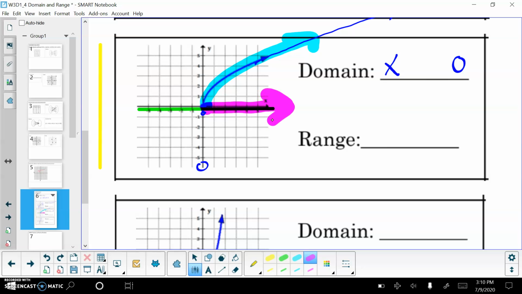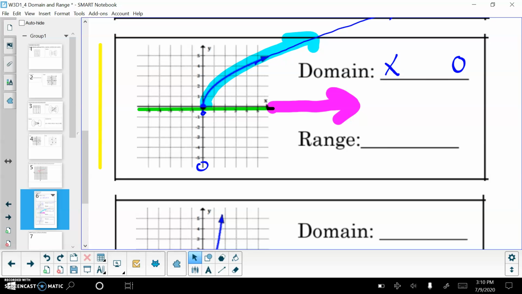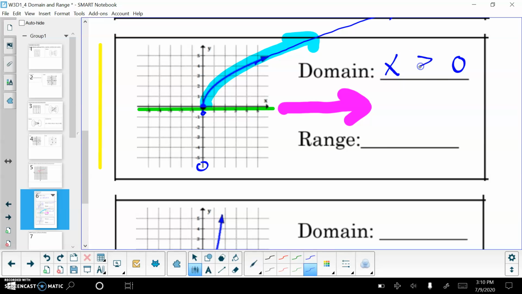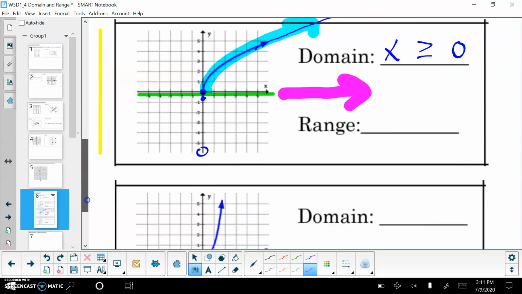So everything just to the right, that's the positive side of the x-axis, and all those numbers that were highlighted here in purple are 1, 2, 3, 4, and 5. Those numbers are all greater than 0. So I'm going to use my greater than symbol. And since it started off with a closed dot, I'm going to underline it. So it's all the numbers greater than and equal to 0.